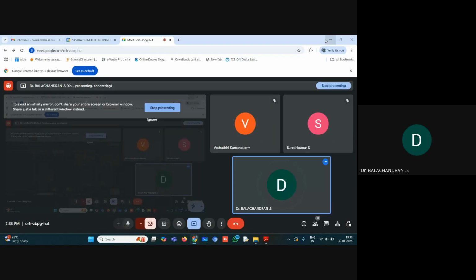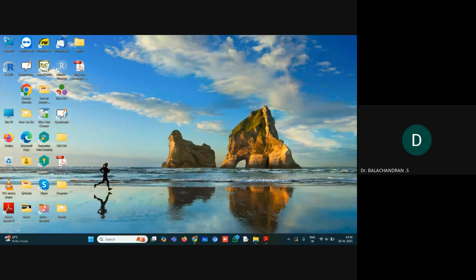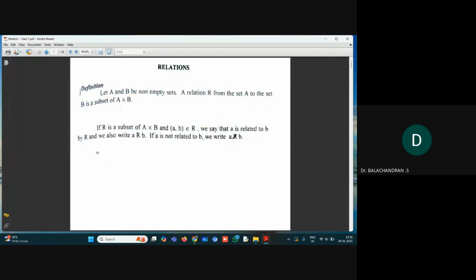One is A R with a cross through the R, and then B. Otherwise, you can write (A, B) does not belong to R, using the symbol for does not belong to.